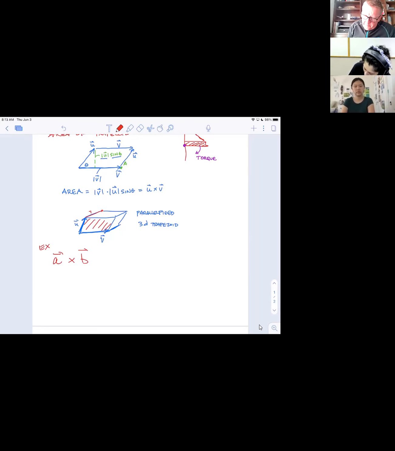This is going to be kind of like yesterday's example, because I want to keep everything nice and positive so that it works out beautifully. A is 2, 4, and B is 5.